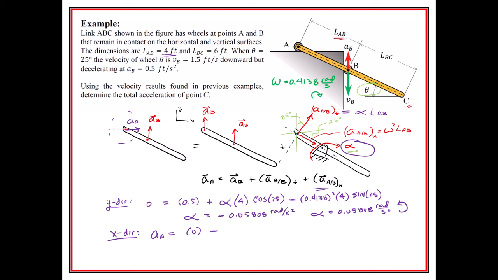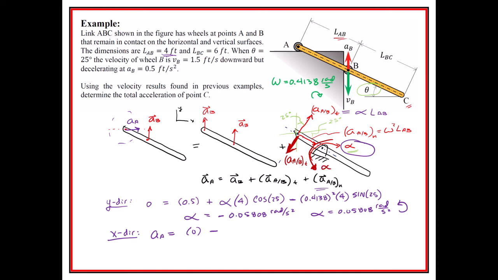And then it's going to be minus, right, because maybe I should redraw this and make it messy. This is the actual direction of the acceleration of A with respect to B in the tangential direction, because it's actually coming this way right here.